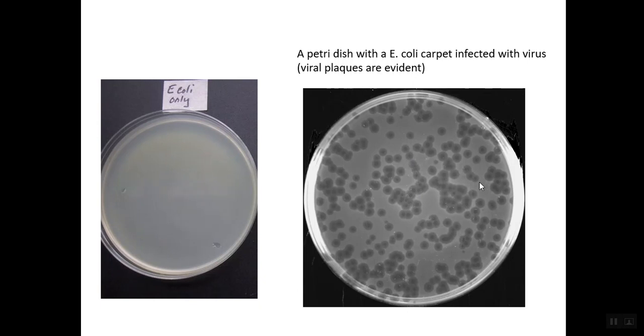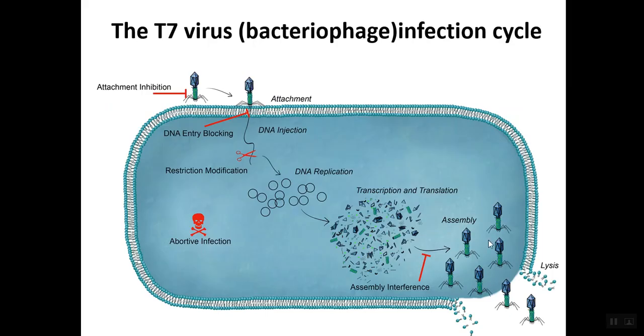So you know that this plate has been very well infected and then the virus has multiplied. And every time there is a multiplication and infection and replication of a virus in bacterial cells, up to thousands and thousands of copies of the virus are produced.